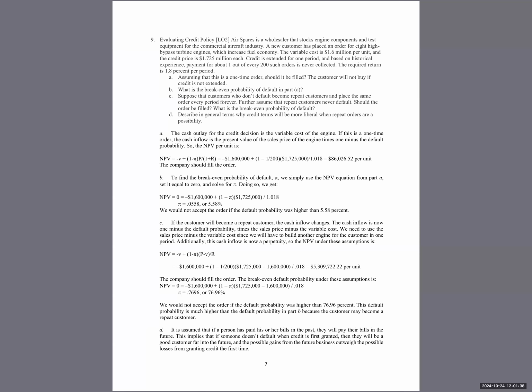Next, let's take a look at question 9. Question 9: Boss is a wholesale seller that stocks engine components and test equipment for the commercial aircraft industry. A new customer has placed an order for 8 high-power bypass turbine engines, which increase fuel economy.